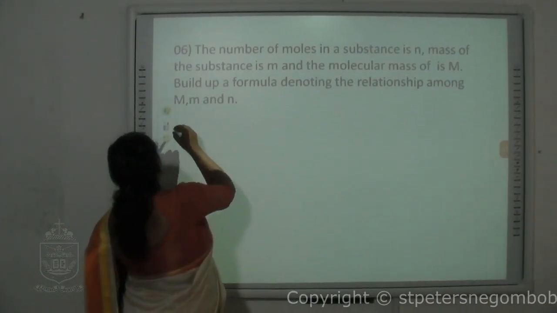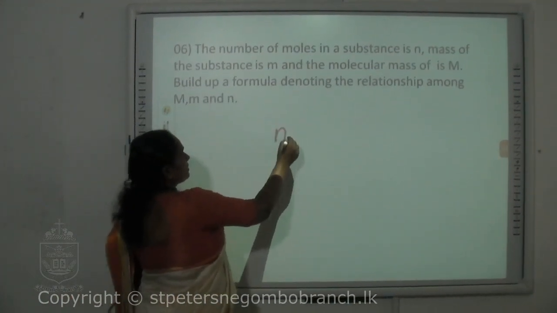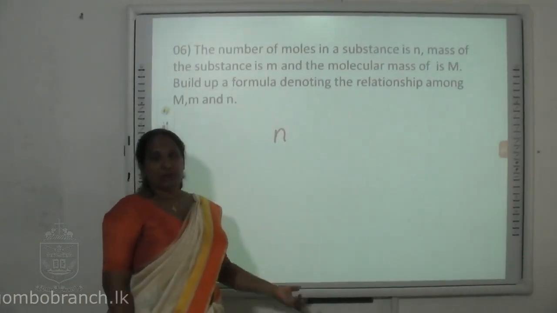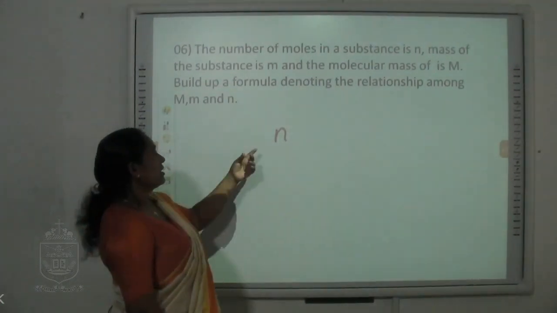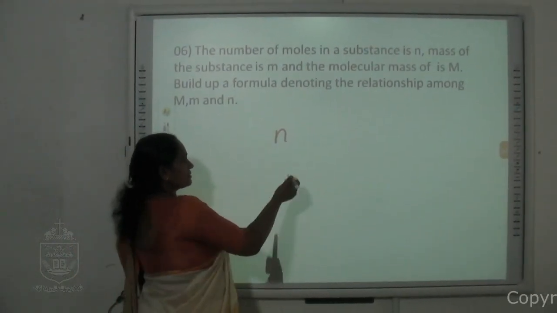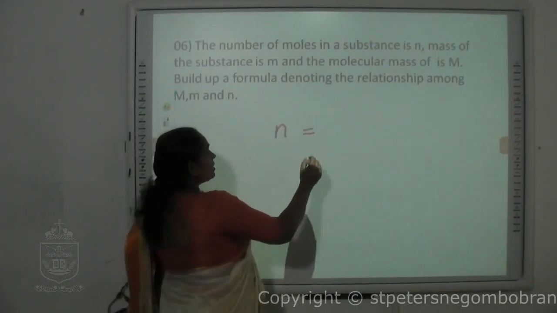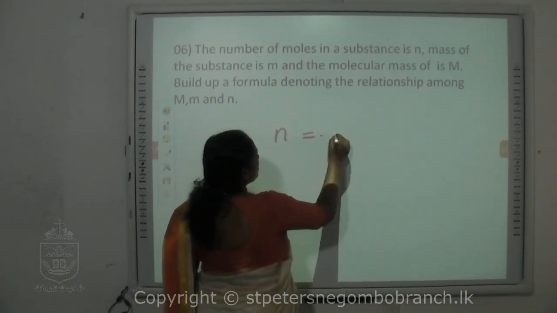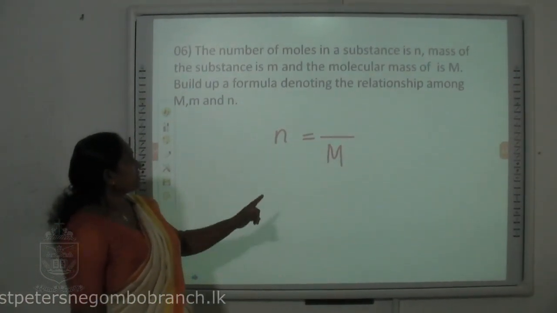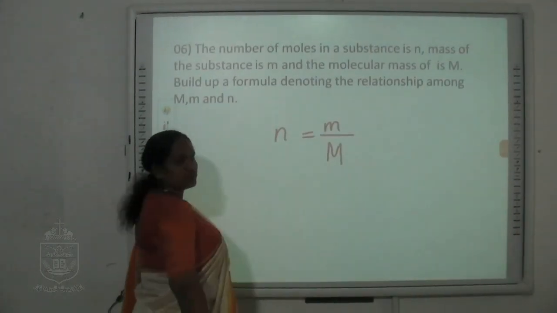The amount of substance is given as simple n. If you want to find the number of moles, the amount of substance means the number of moles, denoted as simple n. To find this, we need the molecular mass, written as capital M, and the mass of the substance, simple m.